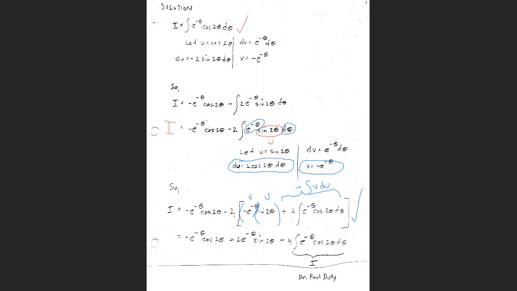Well, v is negative e to the negative theta. du is 2 cosine 2 theta d theta, but I'm subtracting that, so that's how I'm going to get a positive. I'm subtracting a negative. And that's why I get a positive there. Okay, thank you. Sure, no problem.